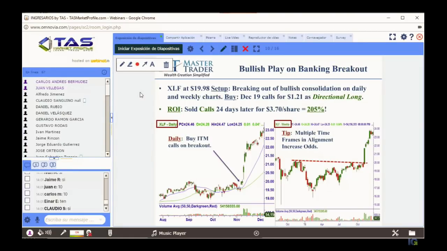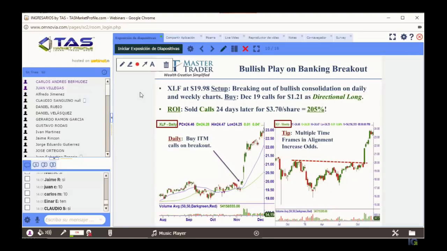So we found numerous bullish setups like this where the daily chart was breaking out at the same time the weekly chart was breaking out. So we had a very big target. So we will show you exactly what option to buy for you to profit in setups like this.